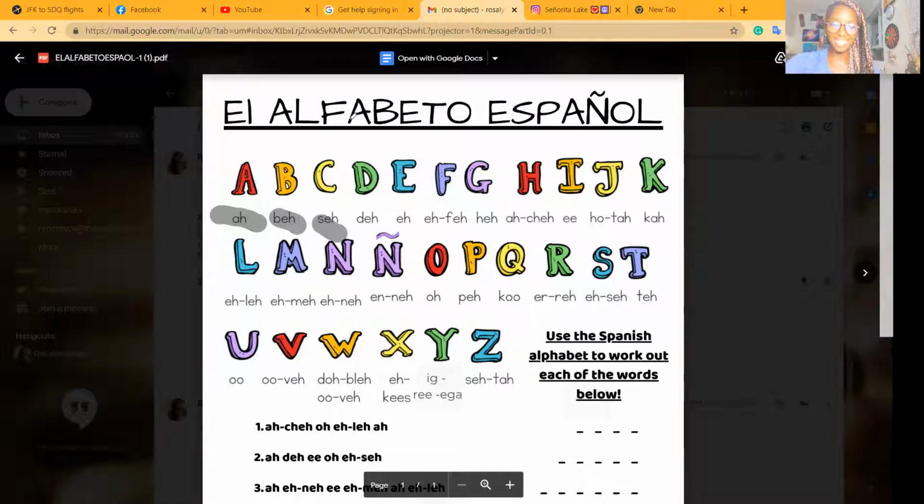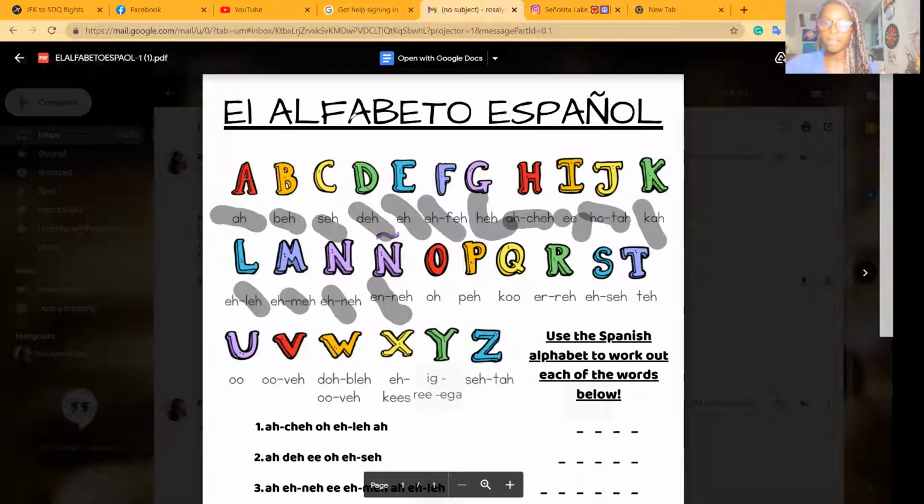A, B, C, D, E, F, G, H, I, J, K, L, M, N, Ñ, O, P, Q, R, S, T, U, V, W, X, Y y Z. Ese es el alfabeto en español.